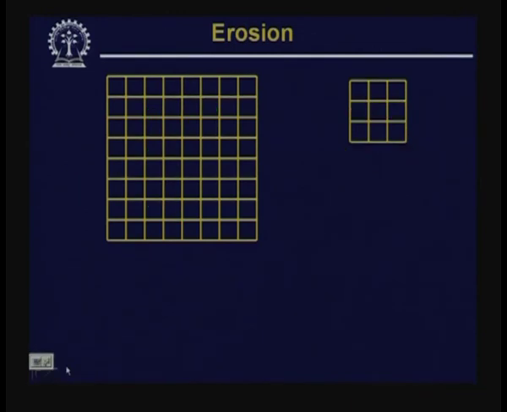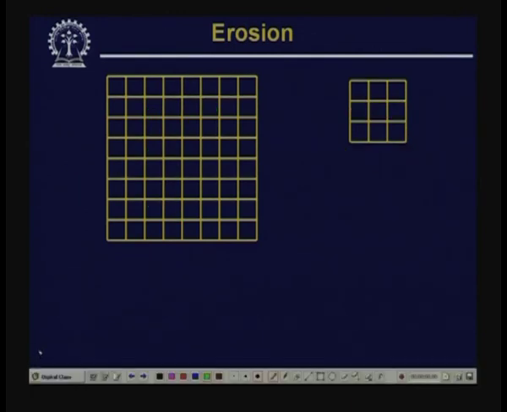Now, let us see how this erosion can be applied in the image processing operation. Again, let us take a particular image of this form. Say I have an image like this. Then say I have a few pixels over here and I have some distributed pixels like this.